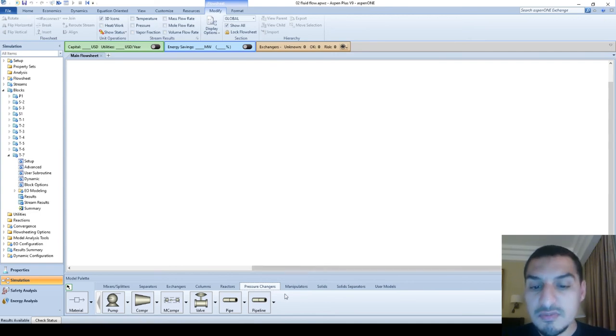If you check Aspen Plus, you'll find that all the fluid handling units are called pressure changers. This is a nice name to describe this category of units, because they all result in a change in the pressure, either by increasing or decreasing it. That's why I think this is a very good name.